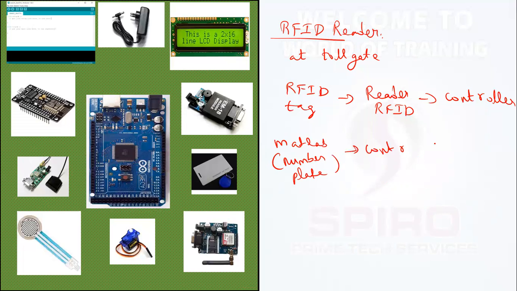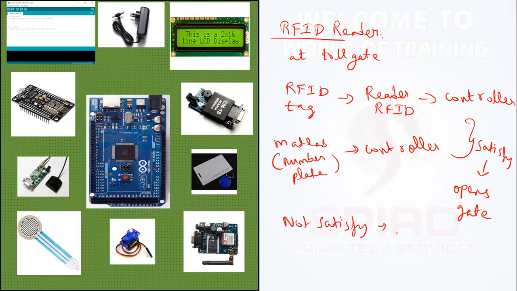If both conditions are satisfied, it opens the gate. If not satisfied, it doesn't open the gate. Its operating voltage is 5 volt DC and its communication is serial communication.